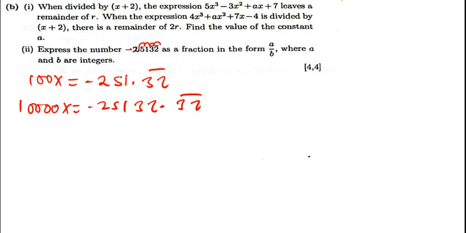So if I do minus here, I will end up having negative 9,900, because 9,900 plus 100 should be 10,000.